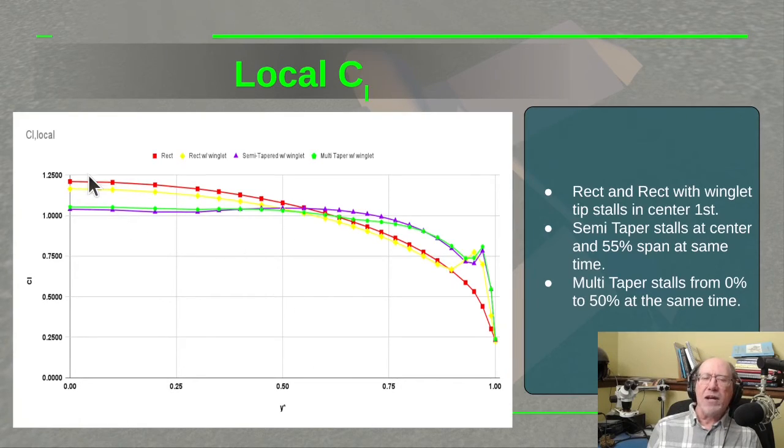Now at some point, these curves will hit the maximum coefficient of lift for the airfoil. And whenever that happens on that particular wing, that's going to be the maximum lift coefficient for the wing. Then we come back through and recalculate the coefficient of lift for the wing. So we have to be careful. There's the local coefficient of lift and then the total wing coefficient of lift.